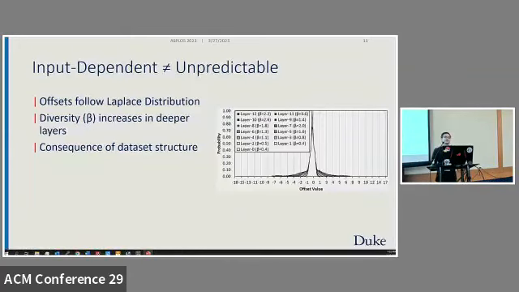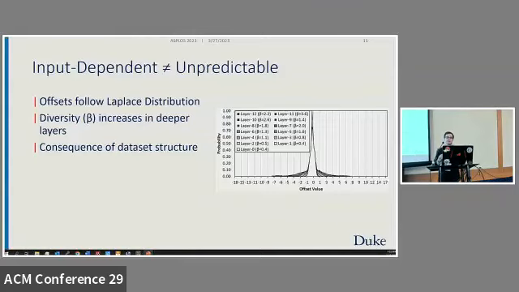The second observation is that just because your workload is input dependent doesn't mean it's unpredictable. What we found, by processing all the samples of the COCO data set, is that it follows a Poisson distribution, with a diversity that generally increases as we go into deeper layers.